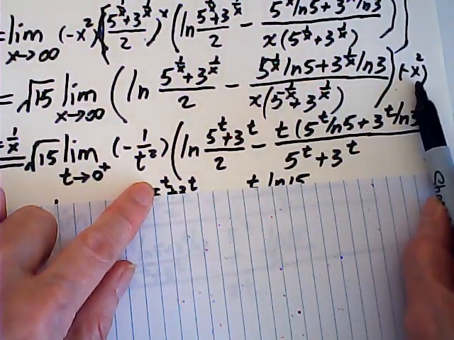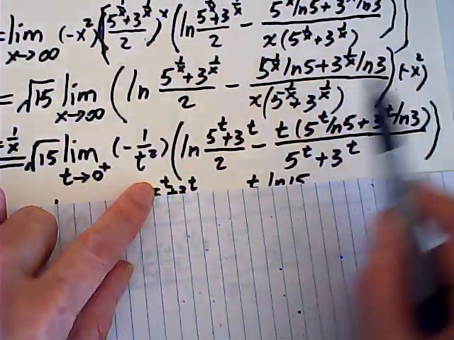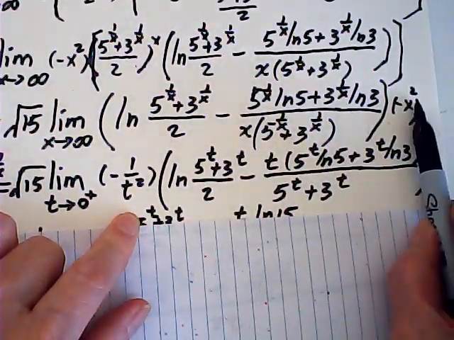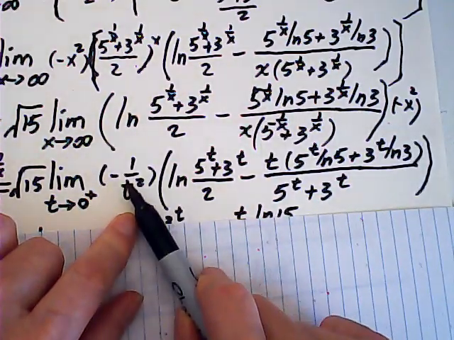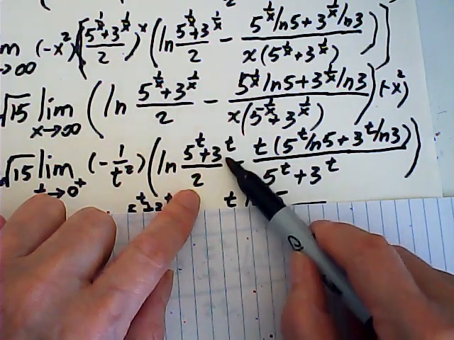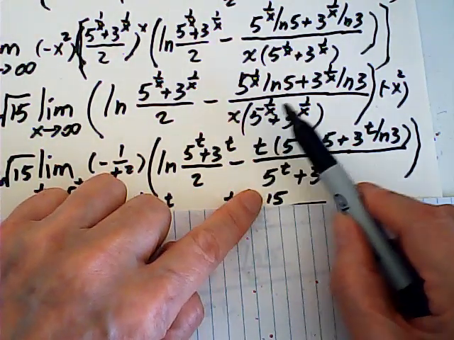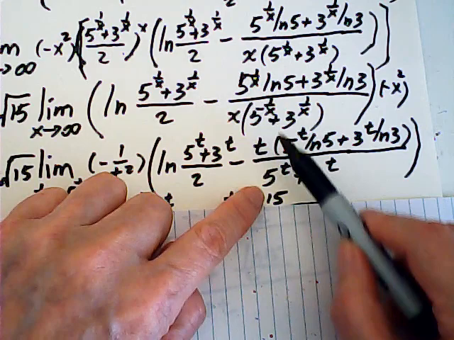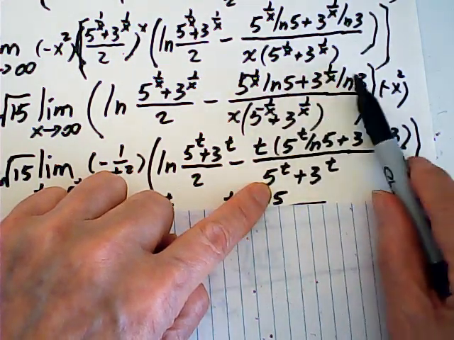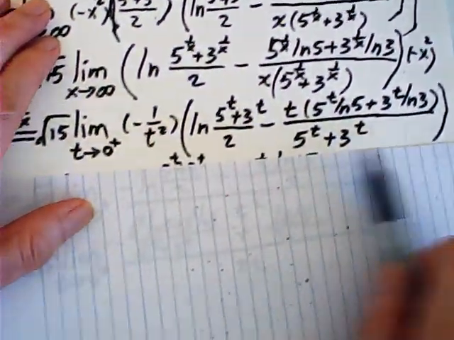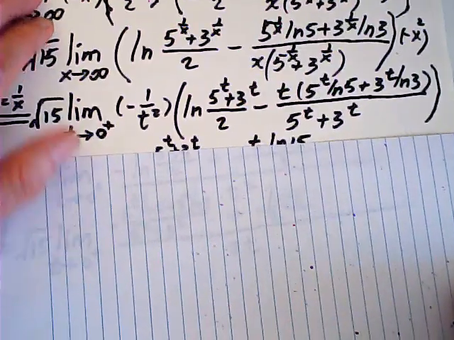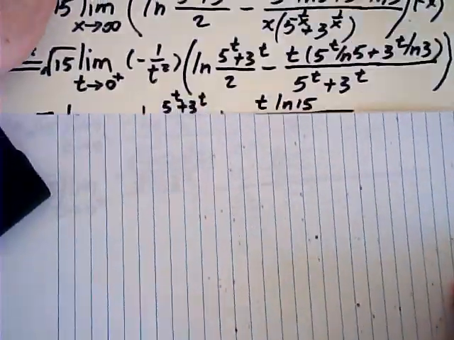This negative x squared becomes negative 1 over t squared. I should have written that in the beginning. Now x becomes 1 over t on top. The rest is okay. Now everything is converted into t, so it may be better to calculate.